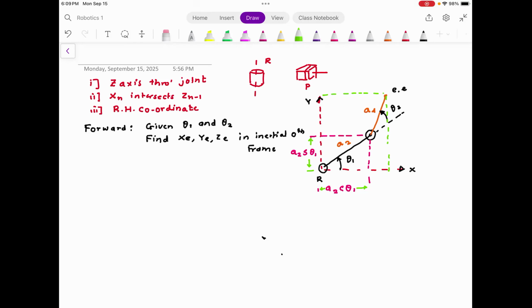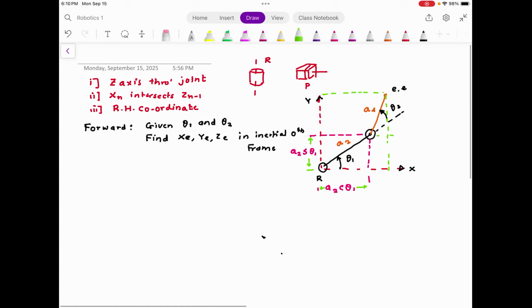Now, extremely important to note that the angle of link 2 is with respect to link 1. Can you note that? If I were to draw a horizontal line, do you agree with me that this angle is going to be theta 1?